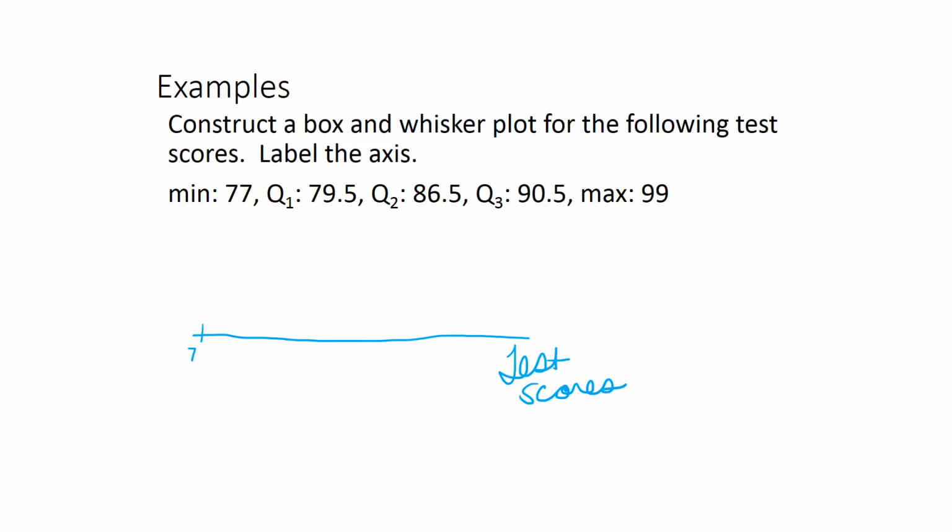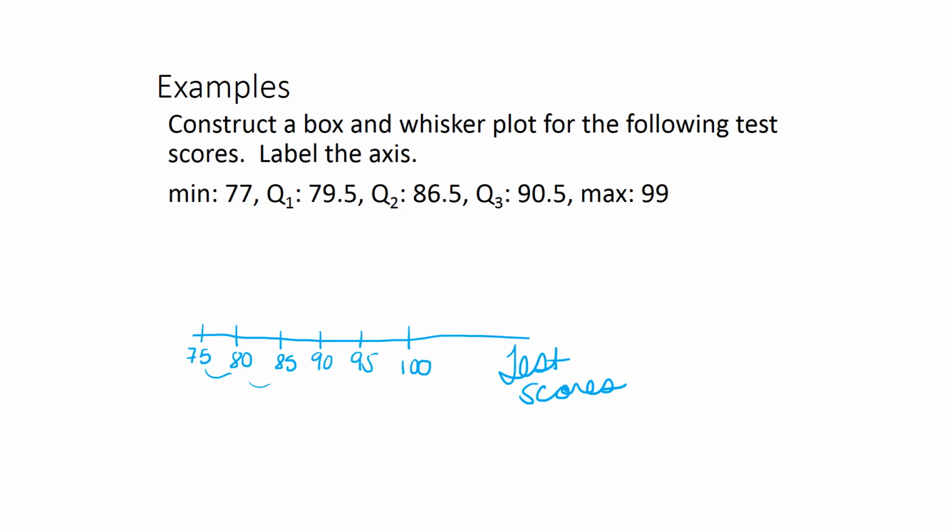So if I start at 75 and do increments of 5, I'll have a decent number of ticks along our axis: 75, 80, 85, 90, 95, 100. Of course, you could start at 77 and jump by 3s, whatever you want, but just make sure that the ticks are equally spaced apart and that the width is the same for each one.